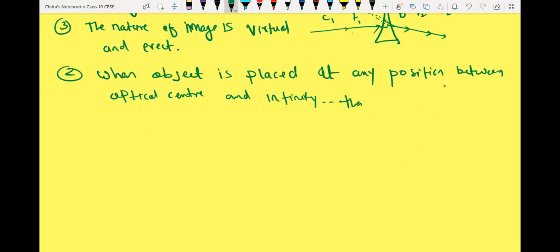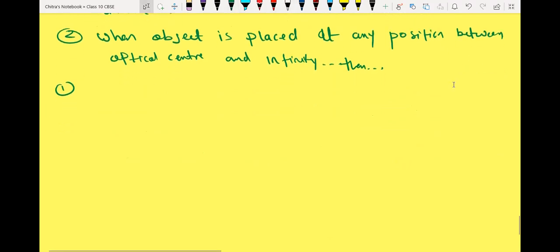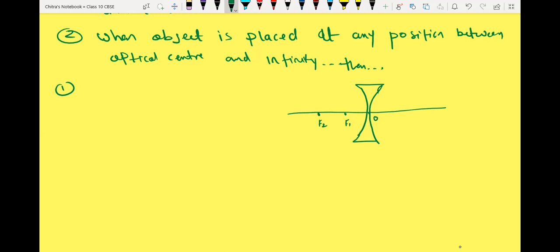So first we have to draw the ray diagram. This is the principal axis. Here we have the optical center O, here we have F1, and here we have F2.